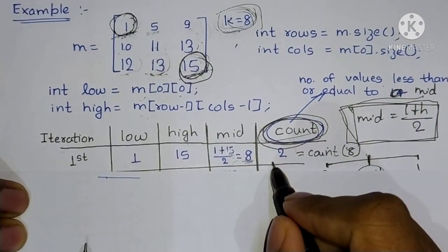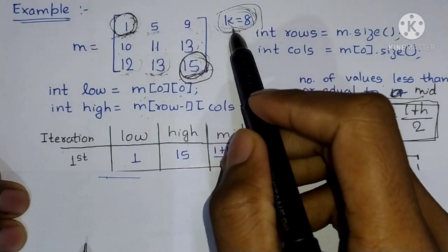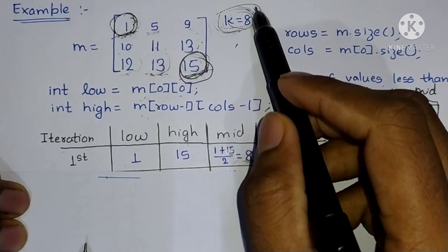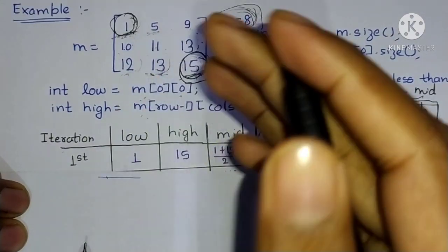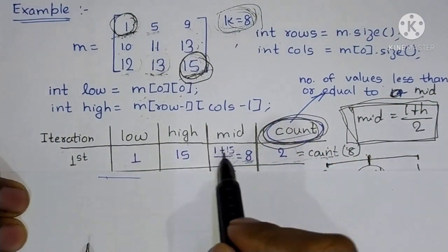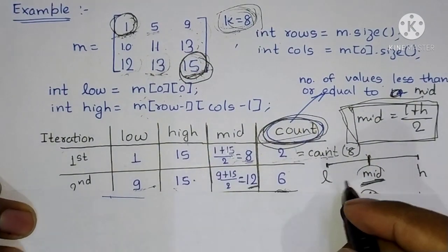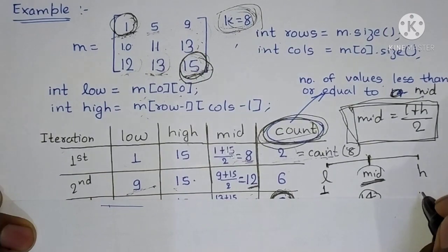Okay, so count comes to be 2, so two numbers are smaller than 8, our mid, but our given k was 8. So you can think that we need to increase this mid value. So first of all, our L was 1 and H was 15.